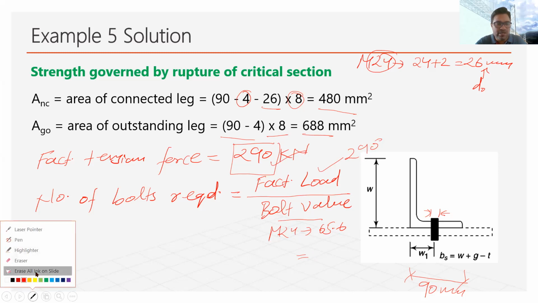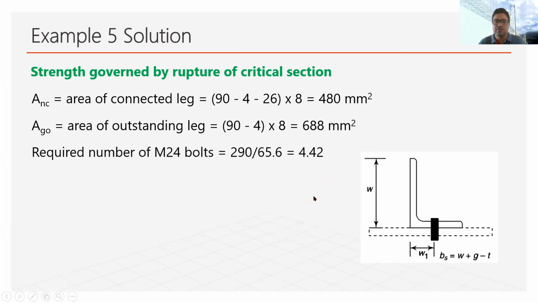So here you can see 290 is the factored load, 65.6 is the bolt value, and number of bolts is 4.42. Roughly we will call it 5. So to support this much load, at least 5 bolts are to be used.